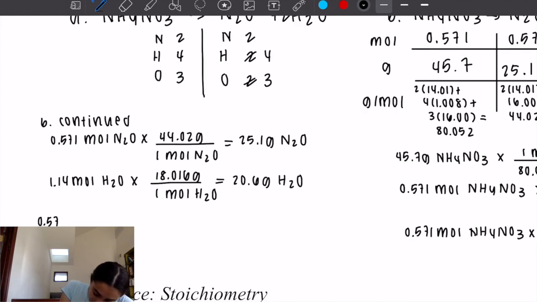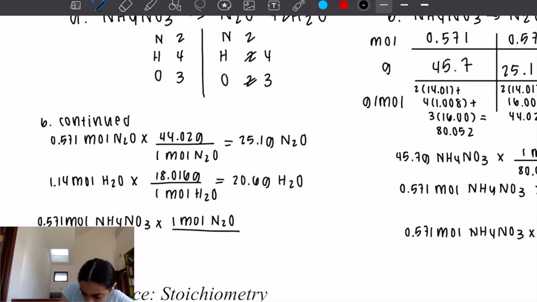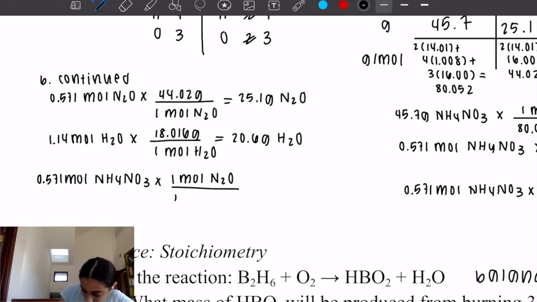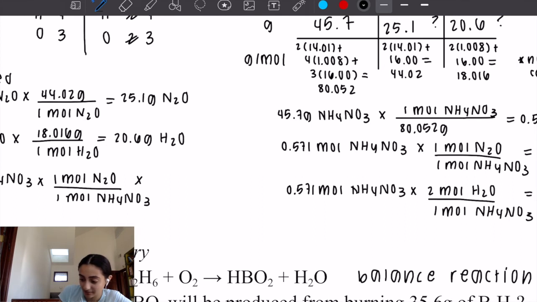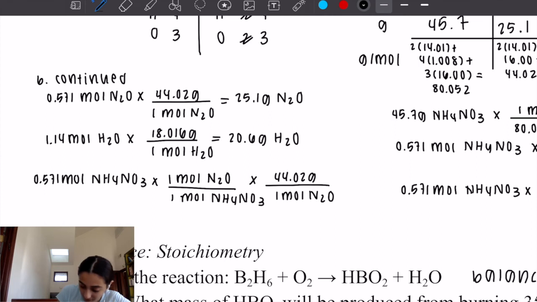If I start with 0.571 moles of NH4NO3 and I do 1 mole N2O over 1 mole NH4NO3, I can go straight to mass by writing 1 mole N2O on the bottom of this conversion fraction and then 44.02 grams on the top. And as you can see, these units cancel out and these units cancel out. So we end up with the same answer.